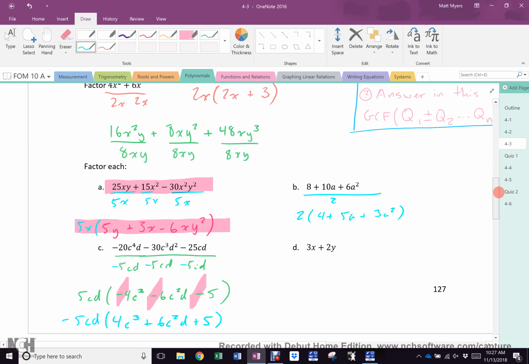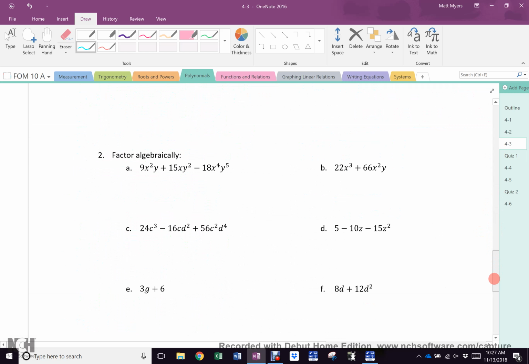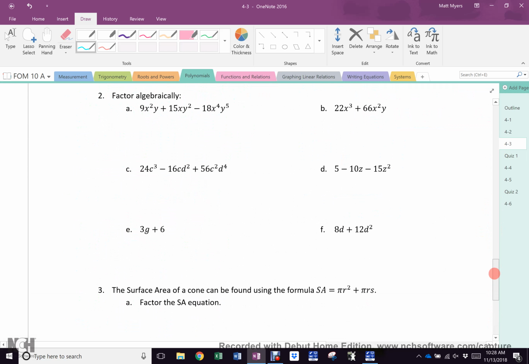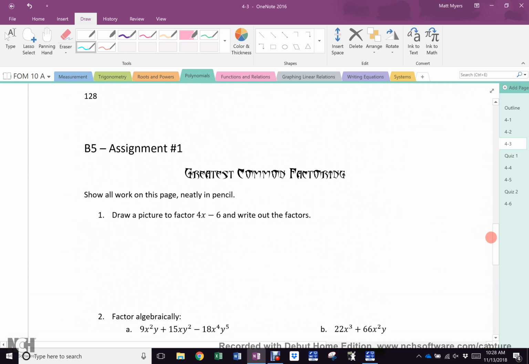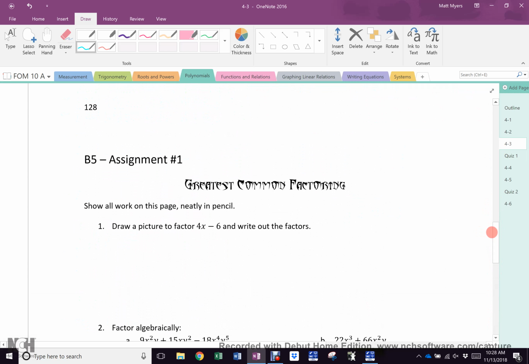Now, when you turn the page over, you're going to see the word assignment. I do not want to stress you out because that is how important this is. You will get lots of factoring practice later in this unit. So I'm just going to say this is work to be done. Now, I cannot stress this enough.